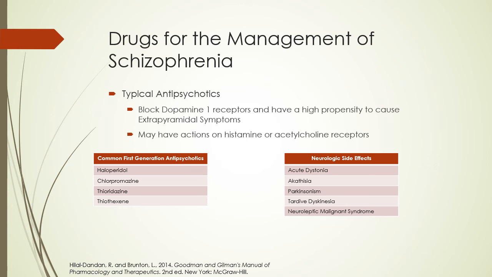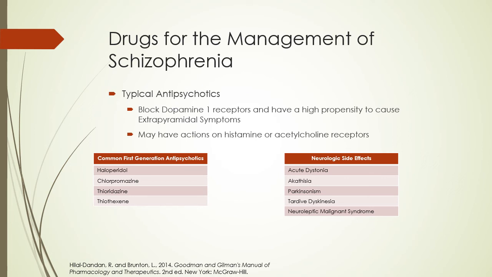Typical antipsychotics, or the first generation antipsychotics, which bind dopamine 1 receptors and antagonize these receptors, also affect histamine and acetylcholine.